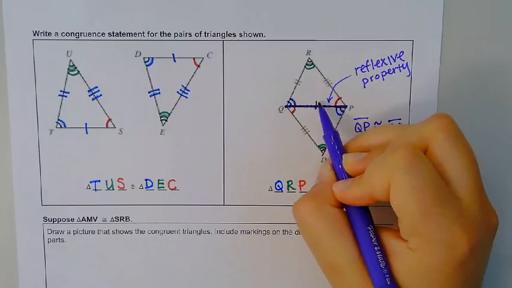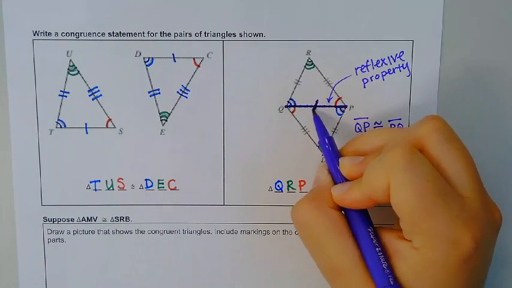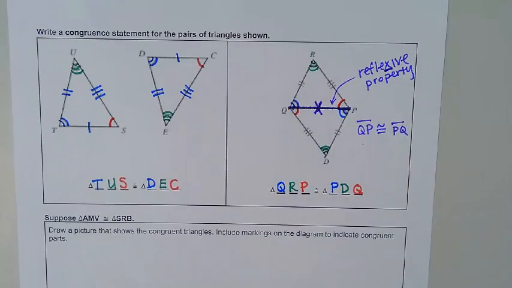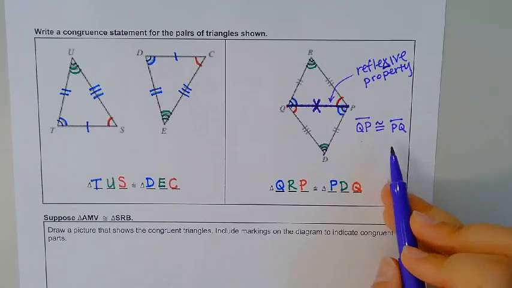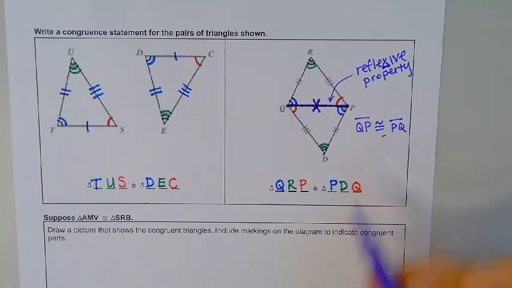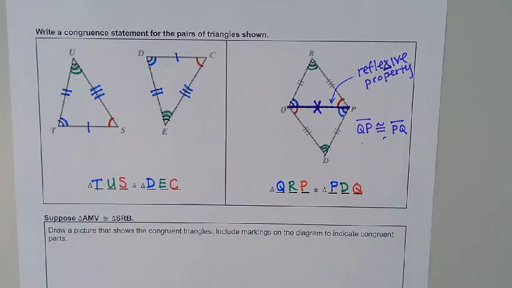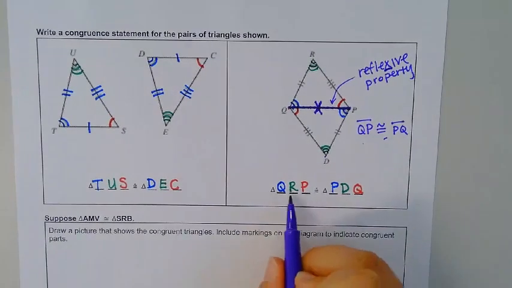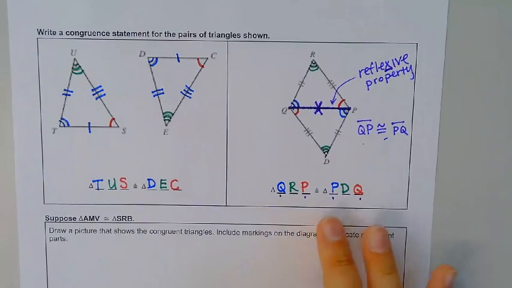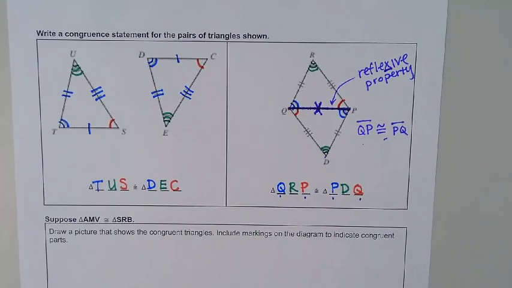Sometimes we'll mark that, or you might show that with an X to remind you that this is the reflexive property, since it's the same side, that segment's congruent to itself, so we have a corresponding side there. And in our name, we can see that QP and PQ, those are both first and last in both of those names, so these would be congruent triangles with that corresponding side of QP in both triangles.